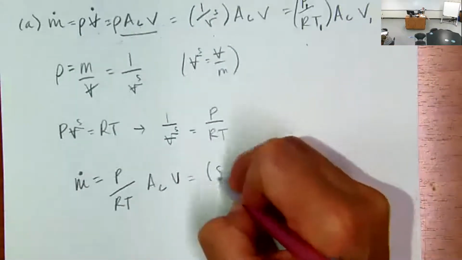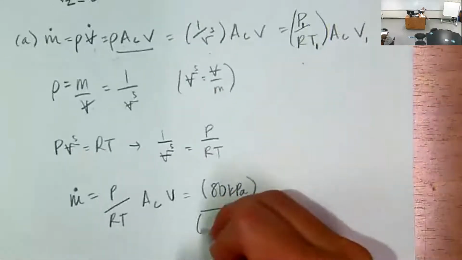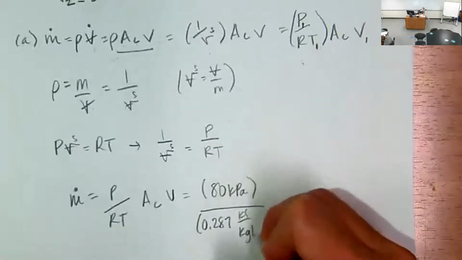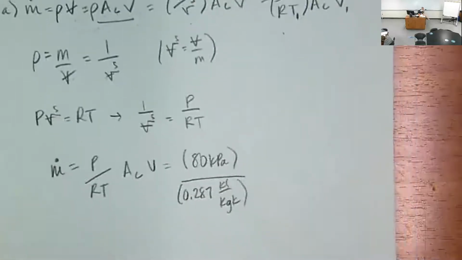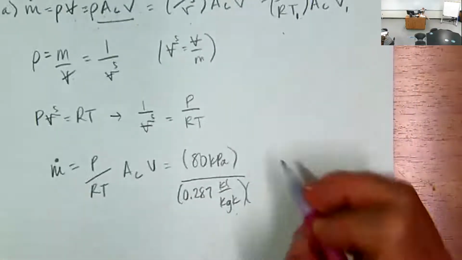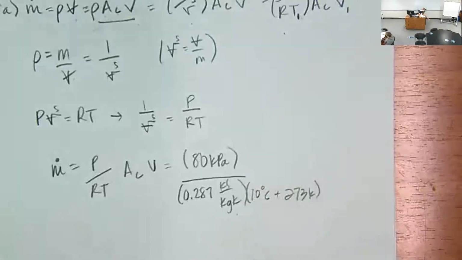All right, so we have 80 kilopascal divided by our R value, which was given as 0.287 kilojoules per kilogram Kelvin, times our temperature, which we want to get into Kelvin here. So 10 degrees Celsius plus 273 Kelvin.